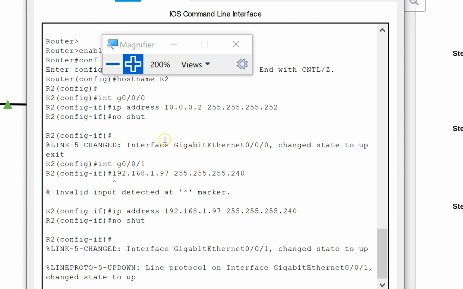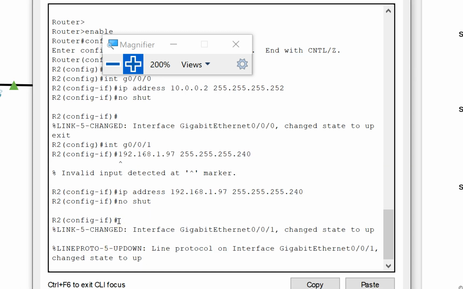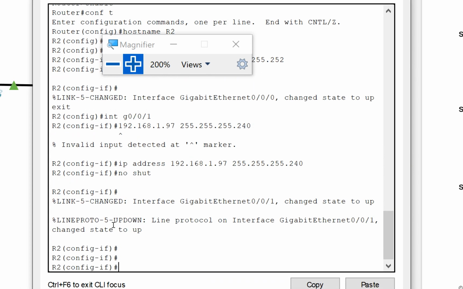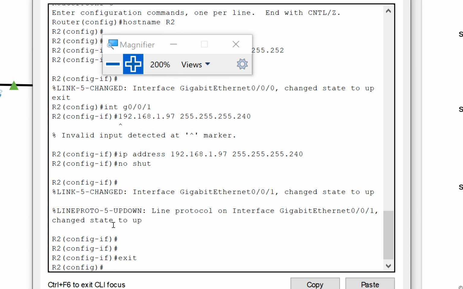This 255.255.255.252 or a /30 is great for router links because router links only need 2 addresses, so you use everything up. Anyways, let's go here. Exit out of that interface, and we're going to do a default static route, ip route 0.0.0.0 0.0.0.0.